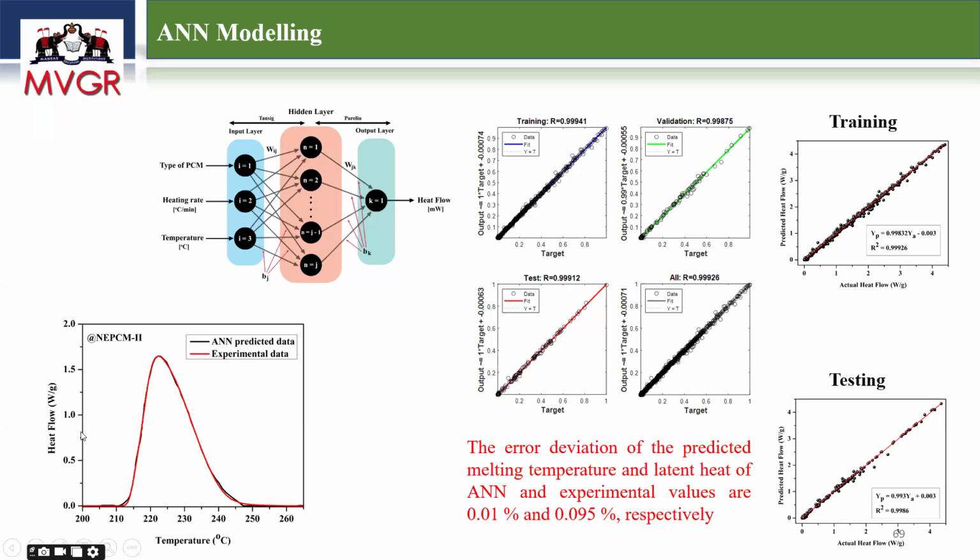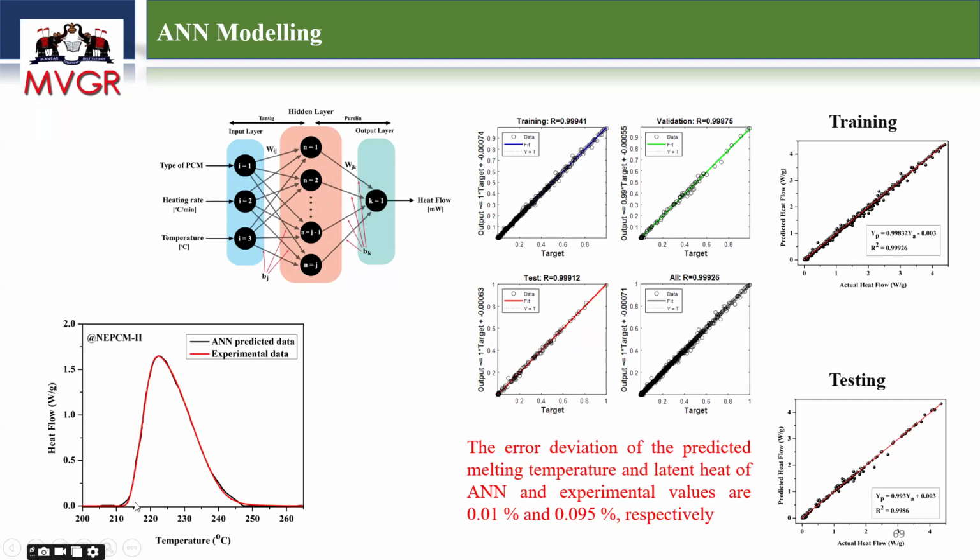If you build these kinds of models for prediction of properties from DSC data, the melting point temperature is exactly predicted, with an error deviation of 0.01%.